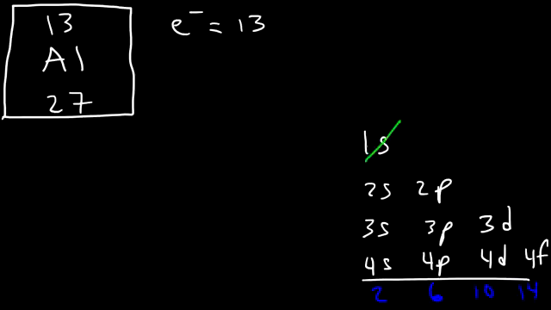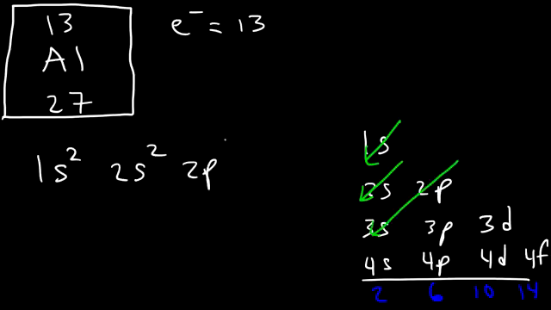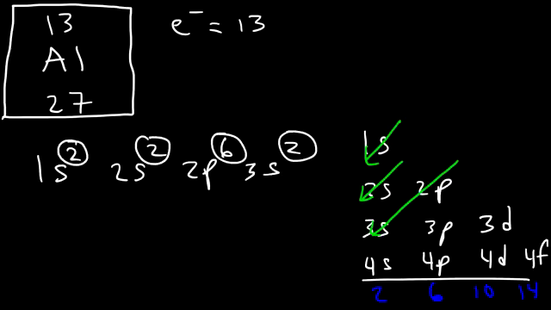So we're going to start with 1s. That's 1s2. And then after 1s, we have the 2s sublevel, so this is going to be 2s2. And then we need to move on to 2p, then 3s. p can hold up to 6, and s can hold up to 2. So if we add 2 plus 2 plus 6 plus 2, that's 12.